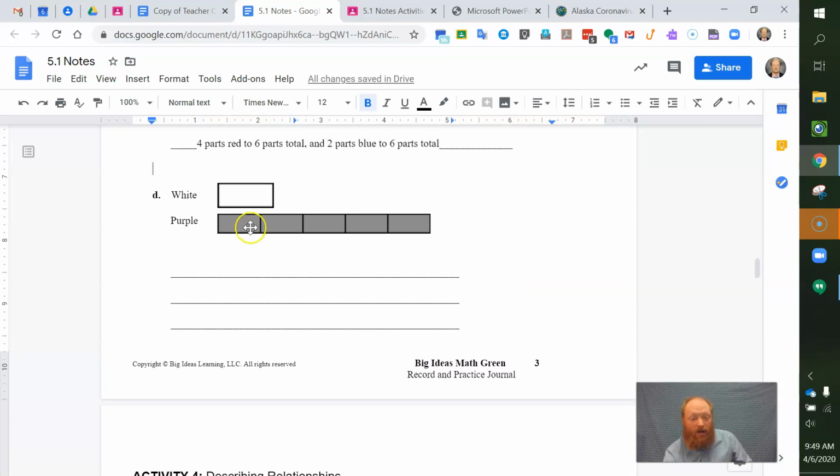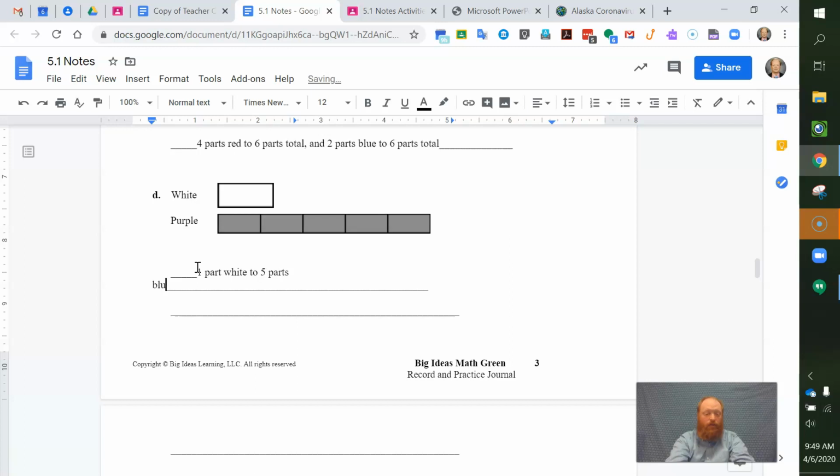All right, there are 5 parts blue to 1 part white, and 1 part white to 6 parts total, and actually, 5 parts.